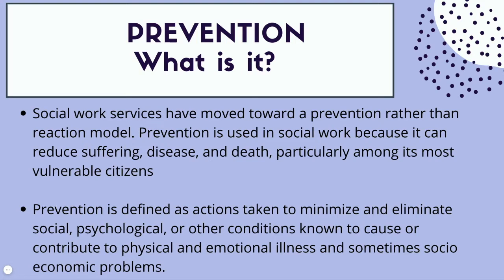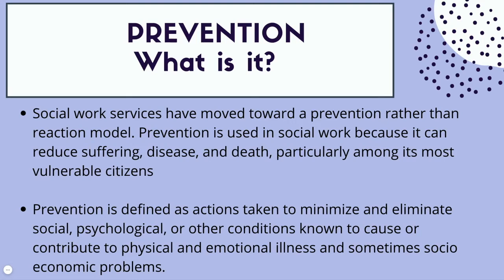The whole purpose of prevention is minimizing risk. Minimizing risk for a variety of different illnesses, minimizing risks for a variety of different behaviors, so that these physical, emotional, and socioeconomic problems don't grow into big problems. So prevention works. And we're going to talk about why it works, and what some examples of prevention work are.